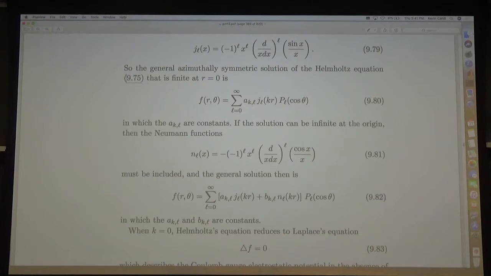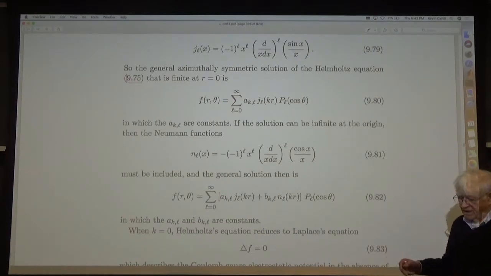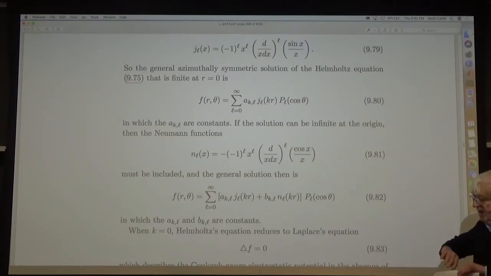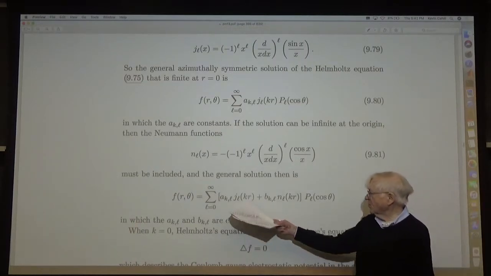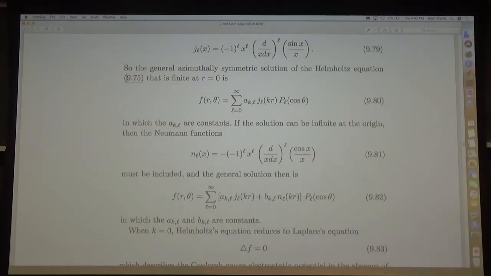Another case is where the origin is not in the problem, and so you don't care whether it's infinite or not at the origin. If, for example, you're solving for the function f outside of some sphere about the origin, then of course you don't care whether f is infinite at the origin, and so then you must use both the spherical Bessel functions and the spherical Neumann functions, and then just the Legendre polynomials. This again is for azimuthal symmetry.